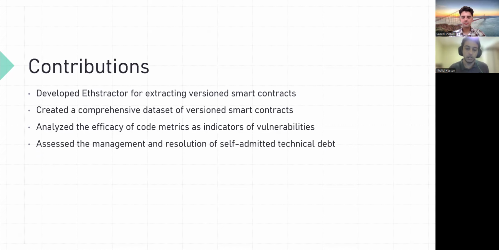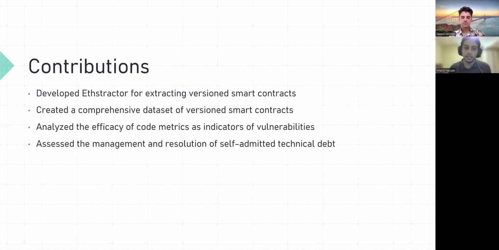In this work, we develop a tool called Ethstractor, which extracts versioned smart contracts from the Ethereum blockchain. Using this tool, we created a comprehensive data set of versioned smart contracts from the main network of the Ethereum blockchain, and we used this data set in our subsequent analysis.